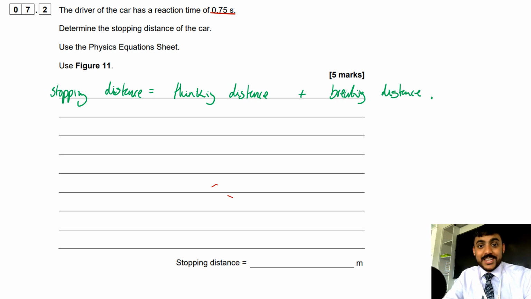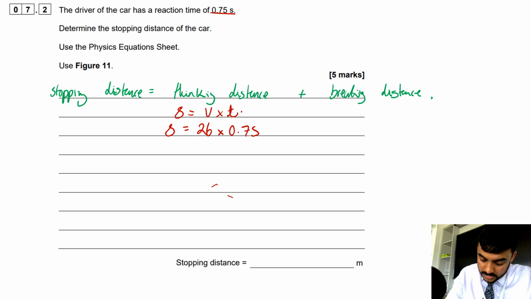We're doing thinking distance, so the car is moving at 26 meters per second and it's moving for 0.75 seconds before the driver decides to press down the brake. Distance is velocity times time, therefore the distance the car travels is equal to 26 times 0.75. Therefore the car travels 19.5 meters in that very short period of time.